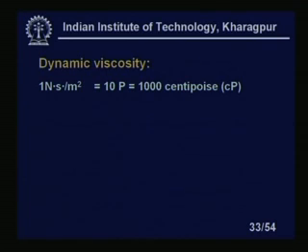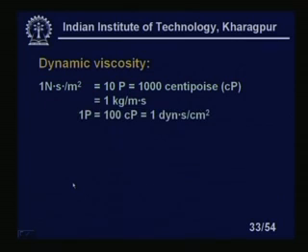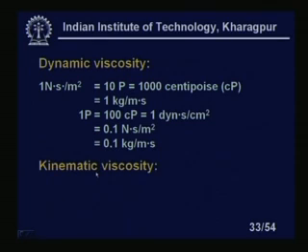Dynamic viscosity, or absolute viscosity: 1 Newton second per meter square equals 10 poise, equal to 1000 centipoise, defined as Cp, which equals 1 kg per meter second. 1 poise equals 100 centipoise, equal to 1 dyne second per centimeter square, which is equal to 0.1 Newton second per meter square, which is 0.1 kg per meter second.